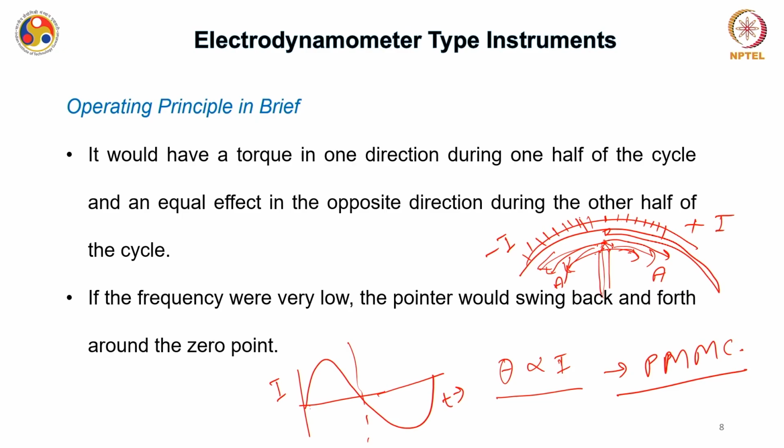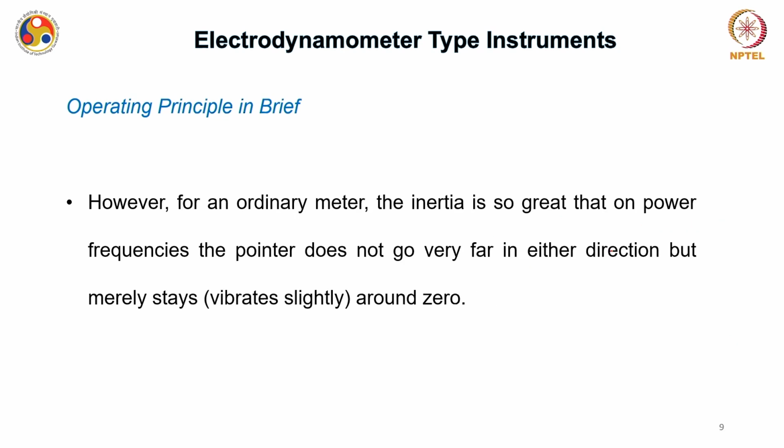As soon as it comes to this position, there is a reversal in the current, and it will try to go back to the other side, towards A bar, but it will not have that much time, because another cycle of current flow is going to start. Therefore, it will be oscillating around its 0 position, which will look like a vibration.